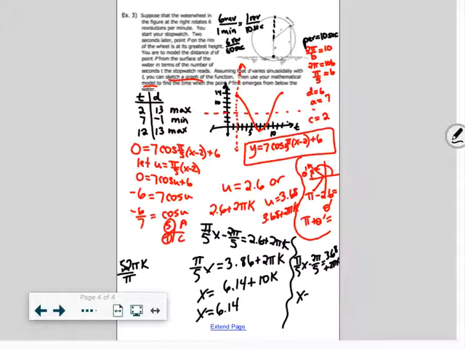When I did all that, I got 7.86. I'll leave that to you to actually do it. So then if I reread the problem, it says find the time when the point P first emerges from below the water. It's this one, 7.86 seconds.